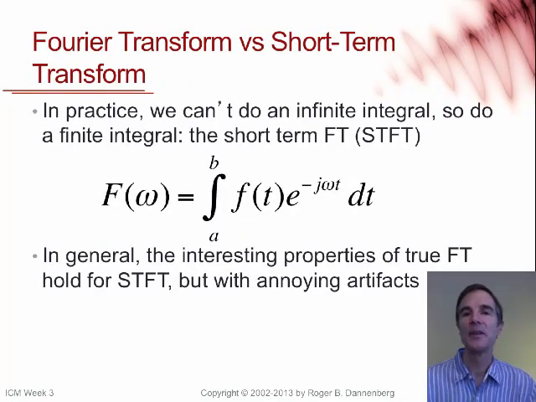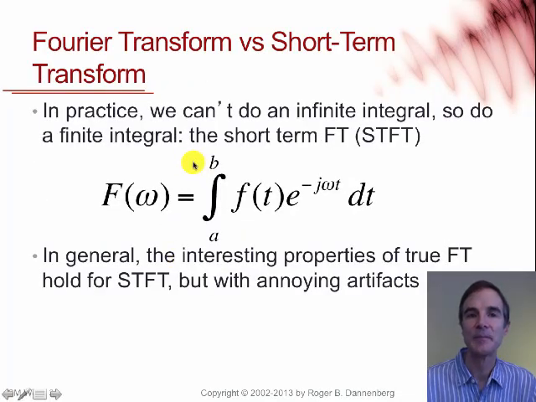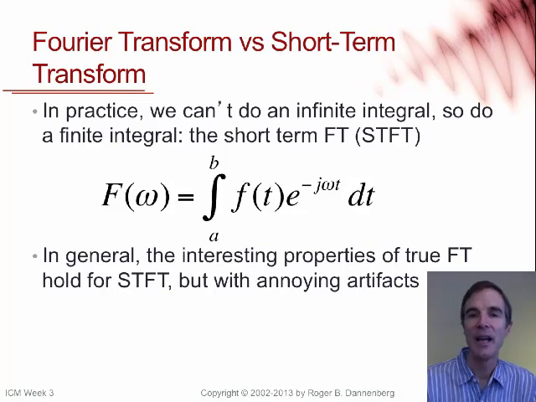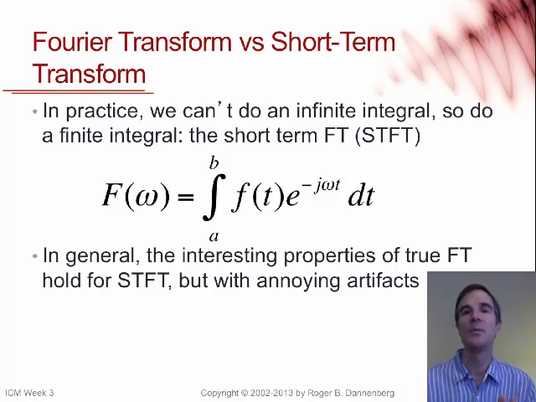Now let's talk about the short-term transform. In practice, we can't do infinite time integrals on signals, and oftentimes we want to know what's going on in a signal within a shorter time duration. And so we can do a finite integral.